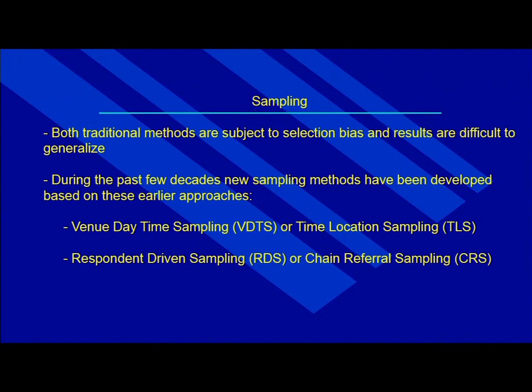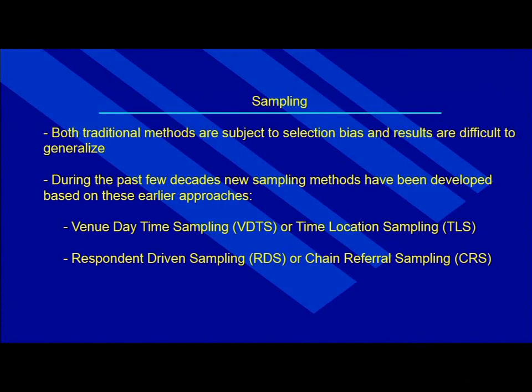During the past few decades, and I've been part of this in my own work, we have developed other methods, particularly venue daytime sampling, or time location sampling as it's called. Maybe time location sampling is a little bit better because in one of the countries where I worked, when we did venue daytime sampling, somebody commented, well, how can this be representative because it was all collected during daytime?